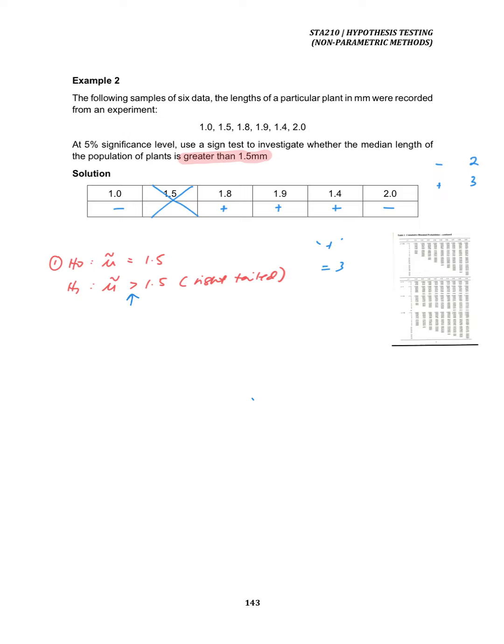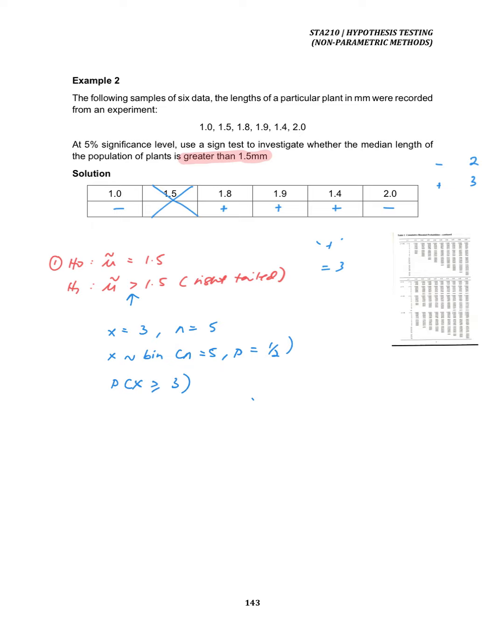So meaning that X, we have 3 here, number of plus sign, and N, we have 5. Okay. So it can be written as X has binomial distribution with N equals to 5, P equals to half. Okay, again, the P here is fixed, half. Okay, so what should you do? We have to find the probability value of X greater or equal 3.